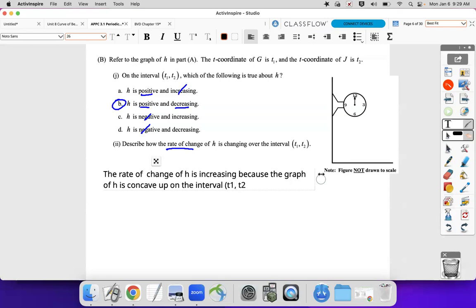And those 1s and 2s should be small. And there you have it.